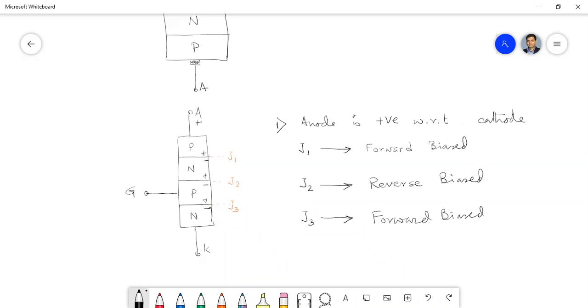So that means when the anode is positive with respect to the cathode, in case of a diode, we can say the diode will conduct because it is forward biased.